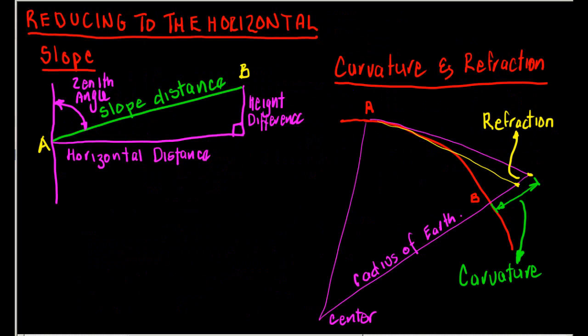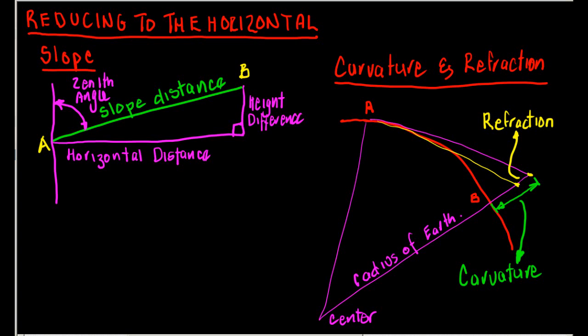Reducing to the horizontal. Reducing the slope distance to the horizontal involves 2 interrelated activities. In the first instance, we usually measure the zenith angle, which enables us to determine the slope angle, although we can use the zenith angle directly to determine the horizontal distance.